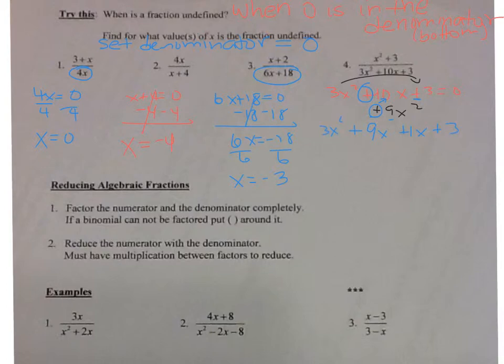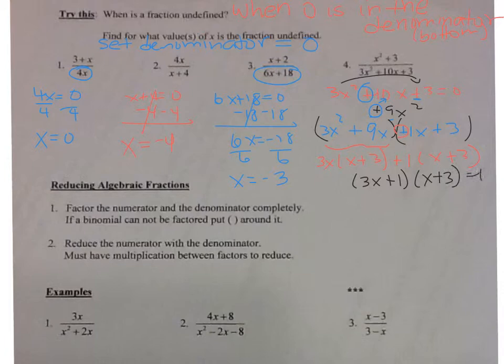And now we are going to factor by grouping. I group the first two, group the last two. The GCF of the first two is 3x times x plus 3. I have a plus here, put the plus on the outside. My GCF is 1 times x plus 3. So my factors are 3x plus 1 and x plus 3.